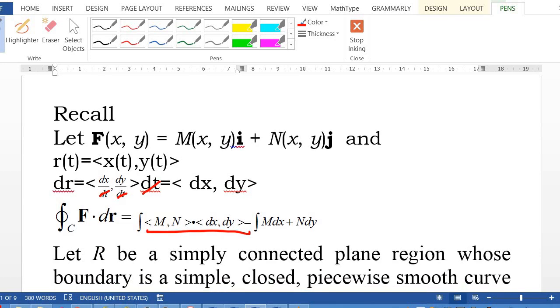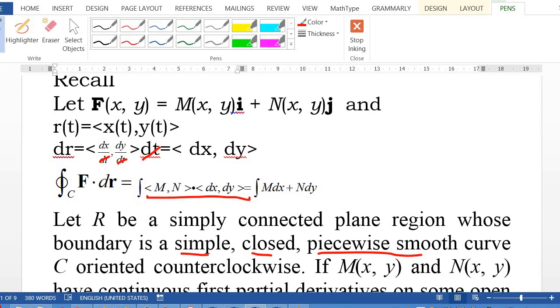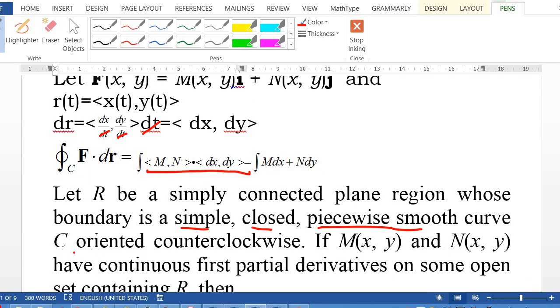Recall Green's theorem, for the integral of M dx plus N dy, where you have a simple closed piecewise smooth curve C oriented counterclockwise.